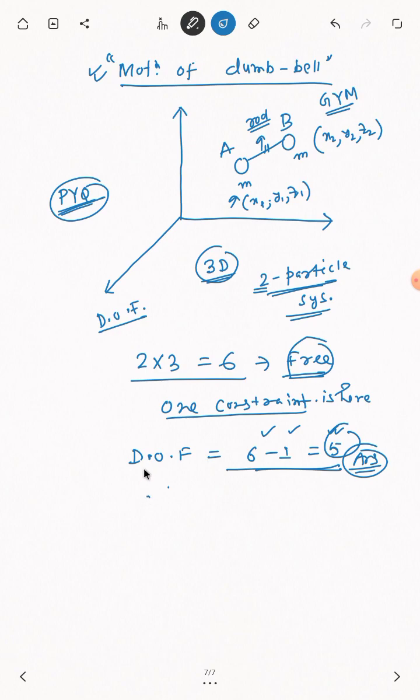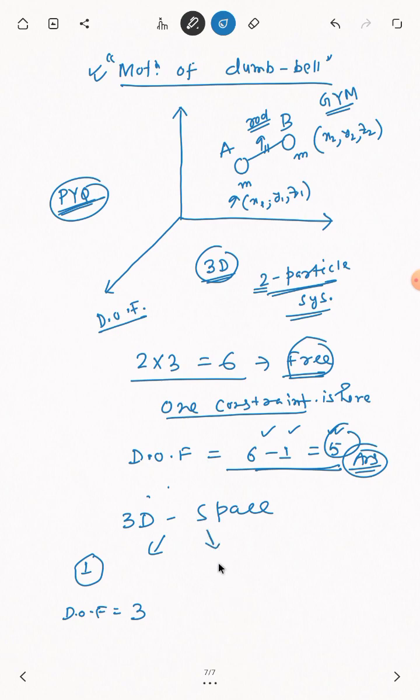So if we analyze what we have discussed in today's lecture, the most important part is that whenever there is 3D space and a single particle, that means number of particles 1, then DOF if free will be 3.